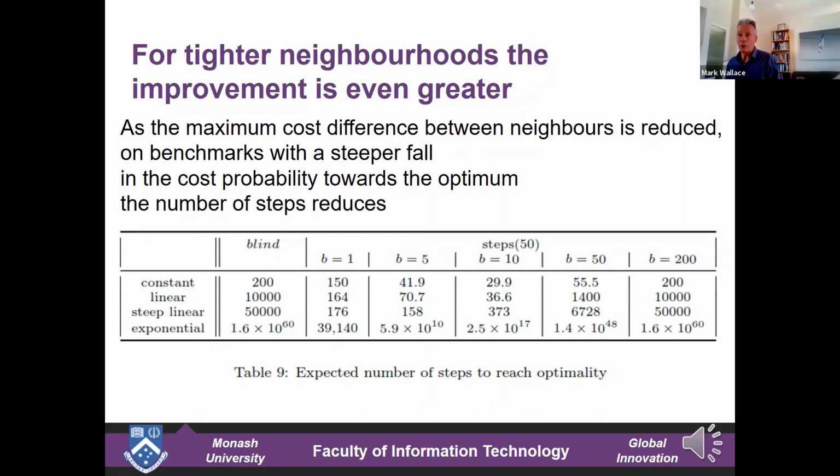But for the constant problem set, the flatter problem set, I think B equals 10 has the best behavior in terms of the number of steps needed. But again, the difference is dramatic. When you've got a maximum fitness difference of 1, the expected number of steps to get to this optimum from a distance of, I think it was 50, is just 40,000 as opposed to 10 to the 60.